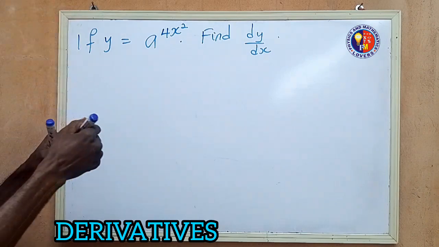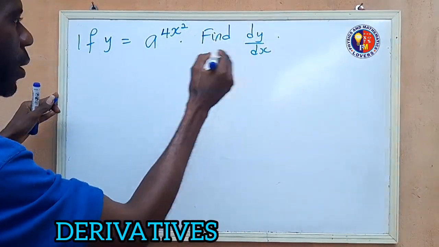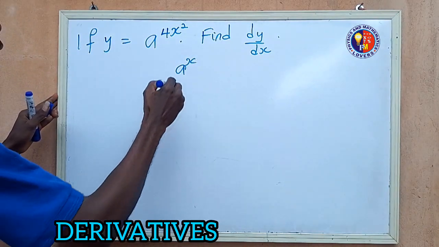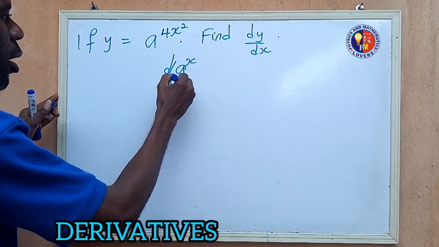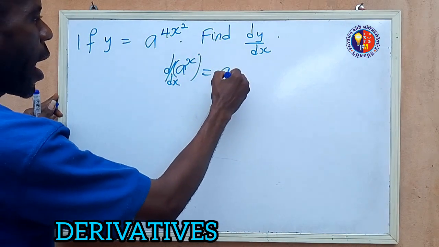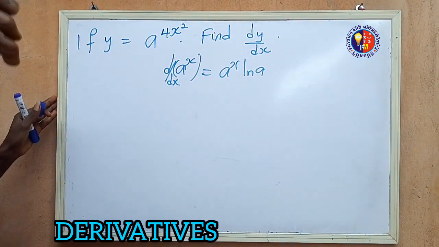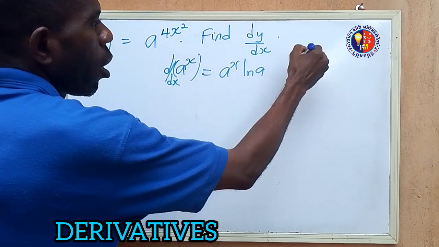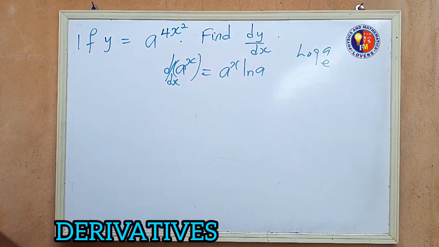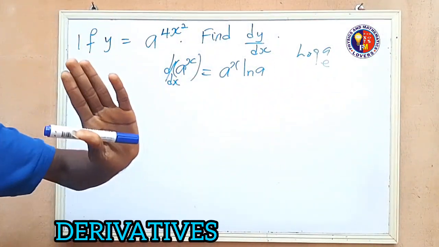If I have a raised to the power x, the derivative of this is going to give me a raised to the power x, then ln a. Remember, ln a simply means log a to base e. You can put it either way.